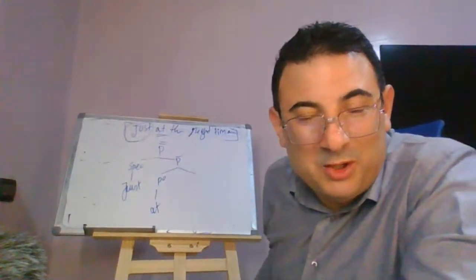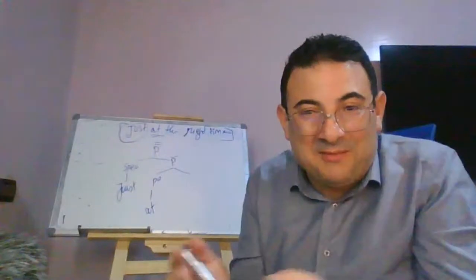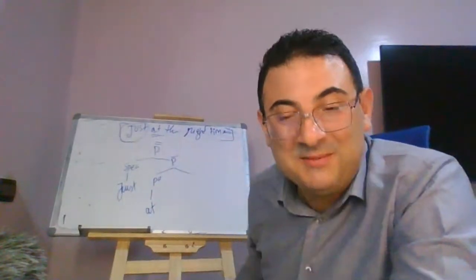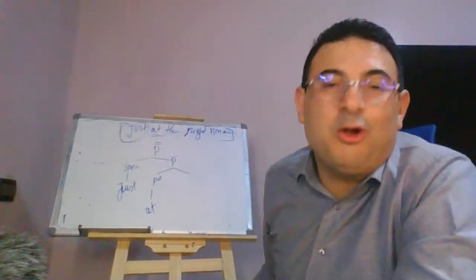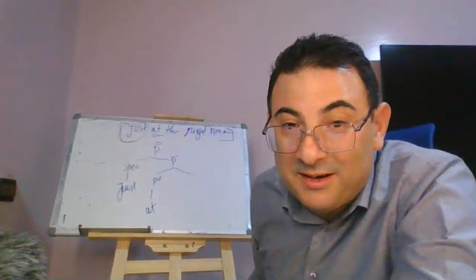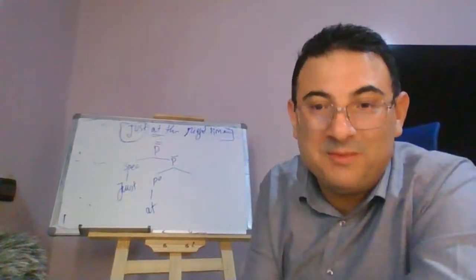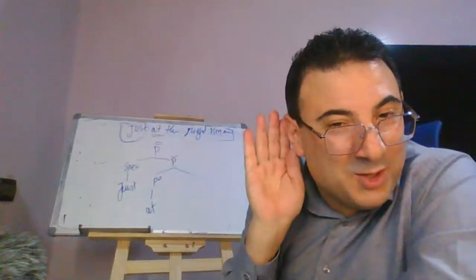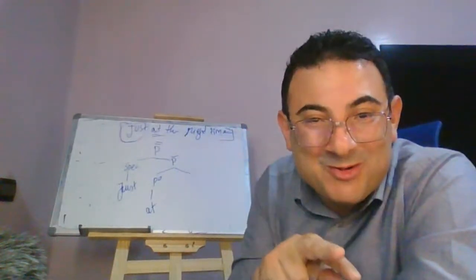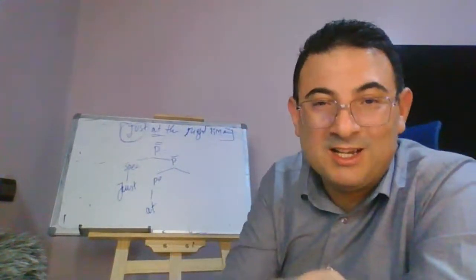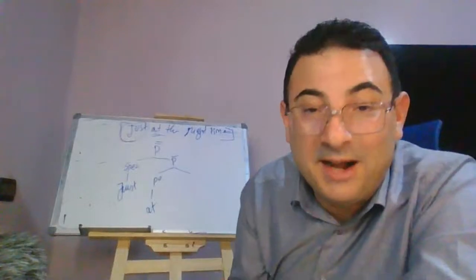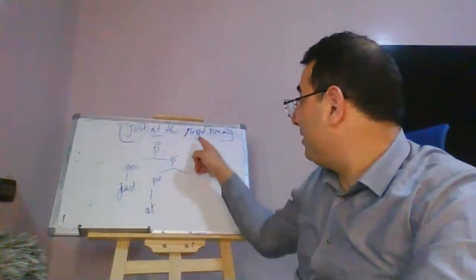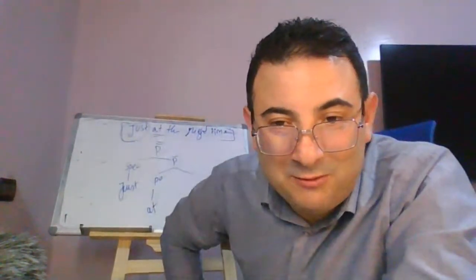The right time. What is the right time? It's a noun phrase. And because it's a noun phrase, do we have a specifier? Yes, we do. What is it? It's "the." And then you have "right." Right is what? It's the opposite of wrong. Right, wrong, nice, good. What are they? They are adjectives. So this one right here is an adjective phrase.